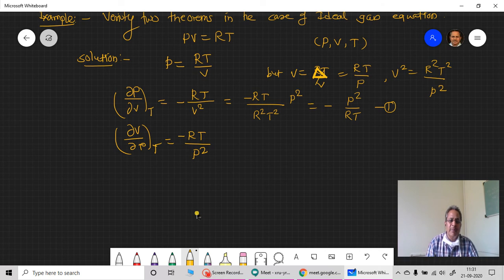So this is ∂V/∂P at constant temperature, which is equal to minus RT upon P square.